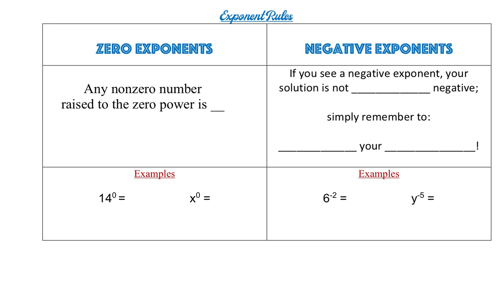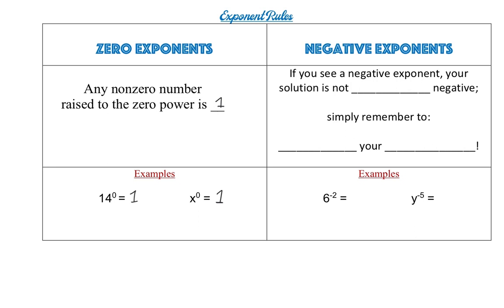All right, so moving on down to exponent rules. For the 0 exponent, any non-zero number raised to the power of 0 is always going to be 1. So 14 to the power of 0 is 1. X to the power of 0 is also 1.